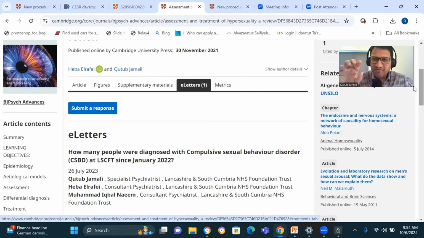So when we did this e-letter, the purpose behind it, now actually it is in an e-letter format, but it is actually an audit. When this was included in the new ICD-11 diagnostic criteria, I thought of doing an audit in my hospital to see whether people, especially doctors, are aware of this or not.